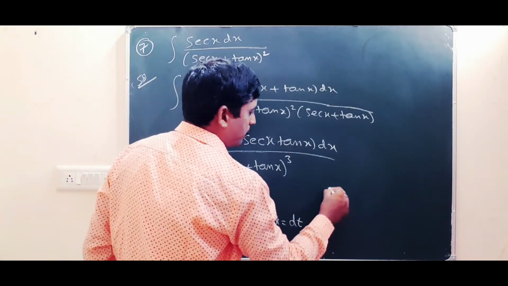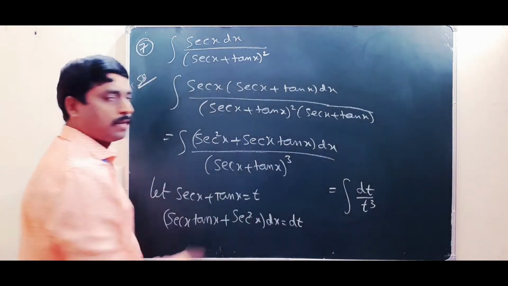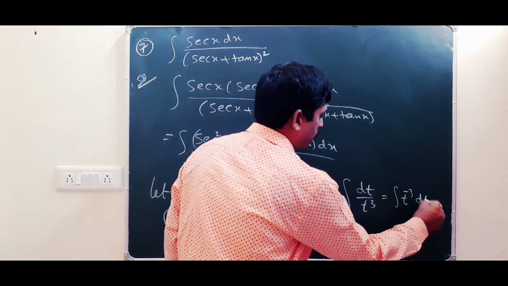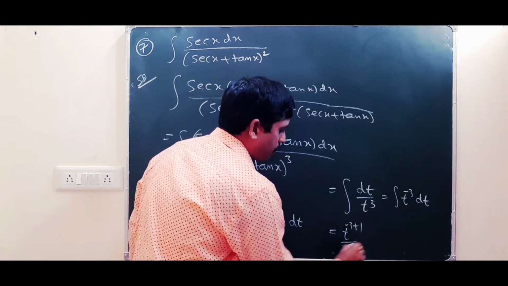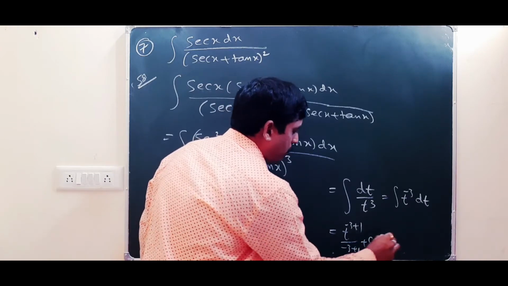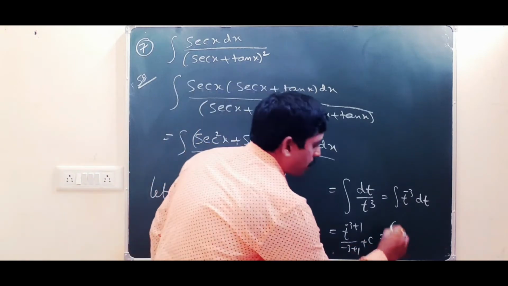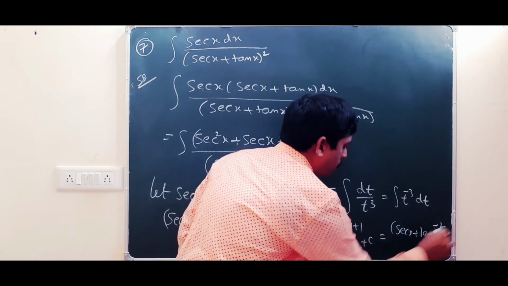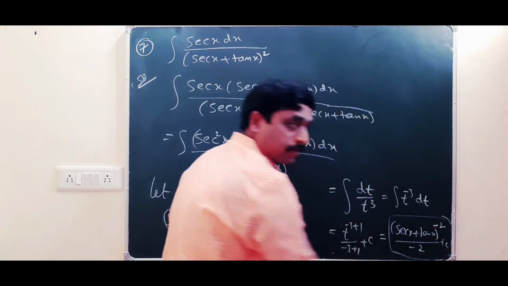So this is going to be dt by t cube, which is nothing but t to the power minus 3 dt. The answer is t to the power (minus 3 plus 1) by (minus 3 plus 1), plus c. In the place of t, we should write secant x plus tan x, so (secant x plus tan x) to the power minus 2 by minus 2, plus c. This is the answer.